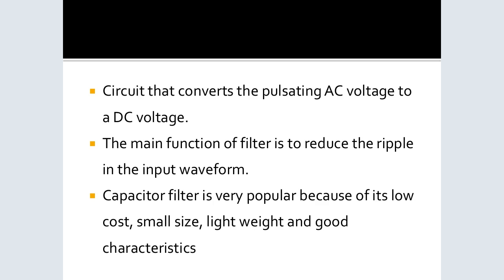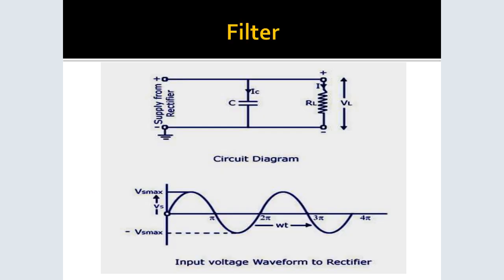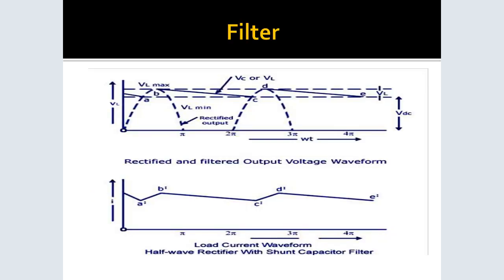You can look at ripples if you're interested in pursuing further components. But for our class, our concern is on the diode and transformer. Okay, so any question as far as the whole process is concerned?